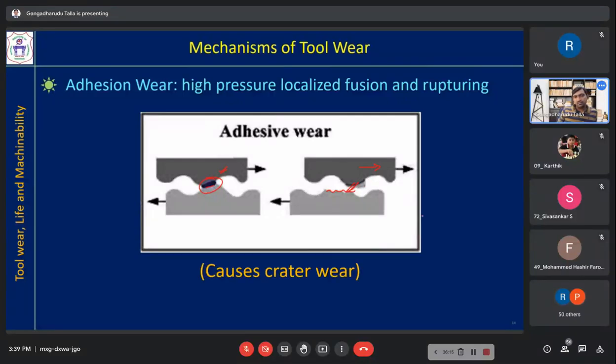Now this is the main reason for crater wear. On the crater surface we are getting very high temperature generation. Whenever temperature is high and pressure is high, adhesion wear chances are more. So mainly crater wear is caused due to adhesion.